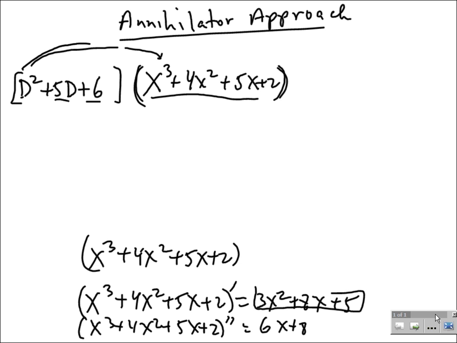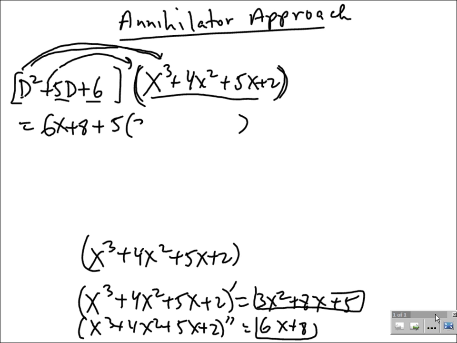Okay, but first I want the second derivative, which I already have. It's 6x plus 8 plus 5 times that derivative. There's the 5 times, and now I'll put the derivative, 3x squared plus 8x plus 5. Right there.